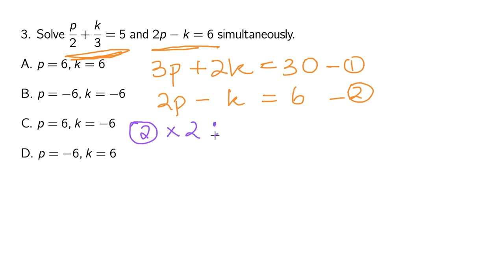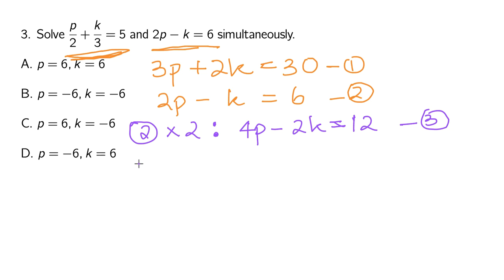What does that give us? That gives us 4p minus 2k equals 12. The reason we multiplied equation 2 by 2 is so that we get 2k here, and then we can eliminate the k by adding the new equation 3 to equation 1.